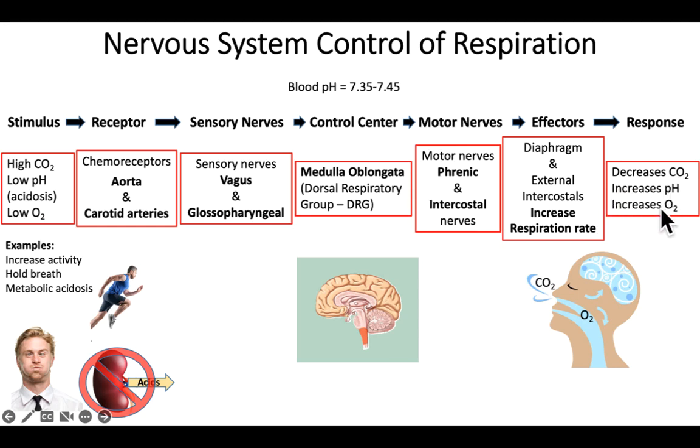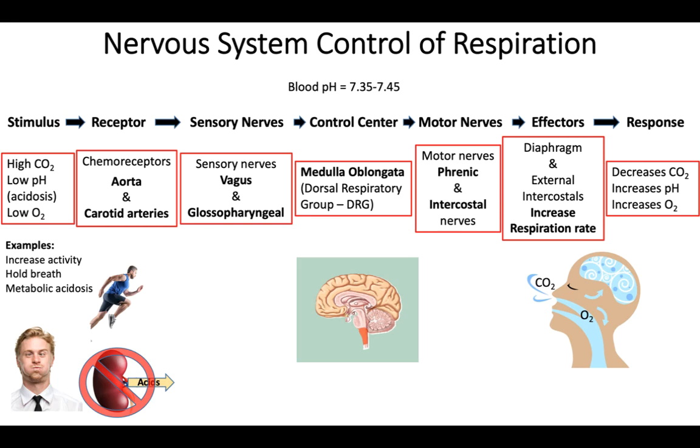Now, the main stimulus is this carbon dioxide. That's the main trigger there. We're going to monitor all this, but that carbon dioxide level has the most dramatic impact on altering your breathing rate. This also tells us when we get into other things like, how does the body fix acidosis, or how does it fix alkalosis?